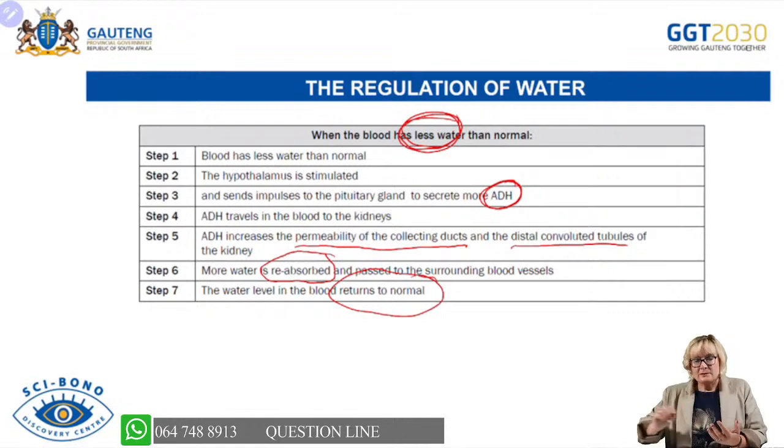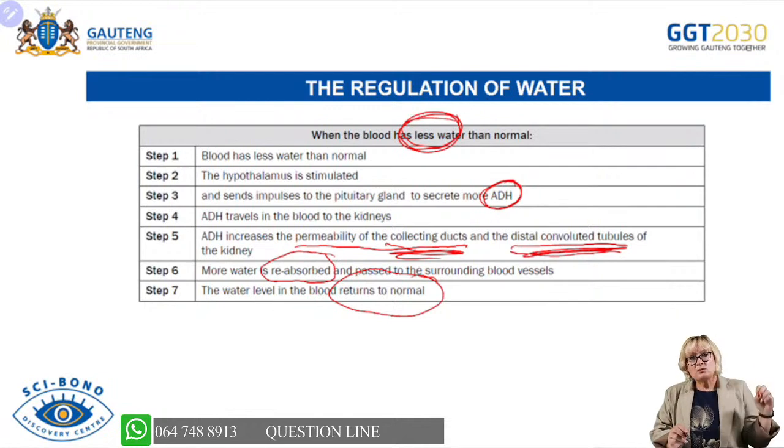ADH goes back to the kidney. And in the kidney, it has an influence on the permeability of the walls of the collecting ducts and the distal convoluted tubules. And what does it do? It will allow the water to go through and be reabsorbed by the blood capillaries that are surrounding them.